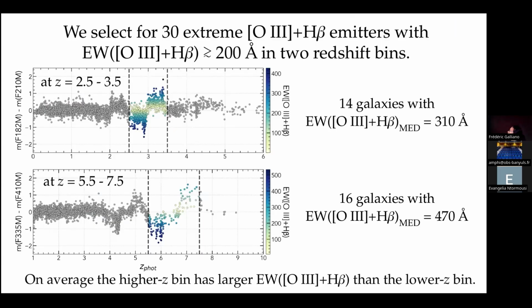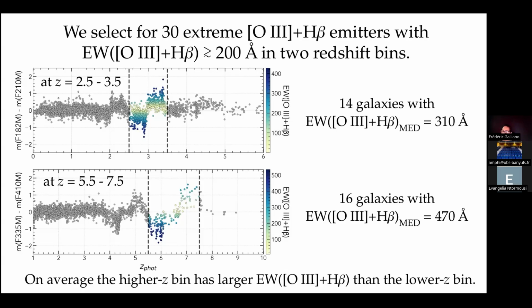To be a little more specific about the selection that we used, we were trying to select for extreme O3 H beta emitters. In particular, we were looking at things with H beta O3 equivalent widths greater than 200 angstroms. We used 4 JADES filters to make our selection.